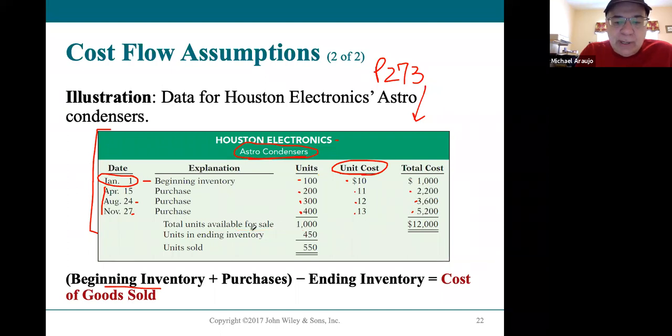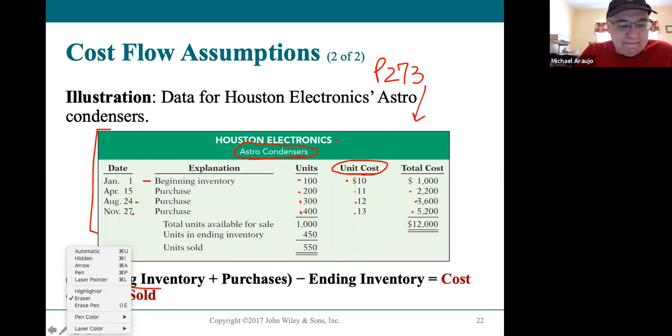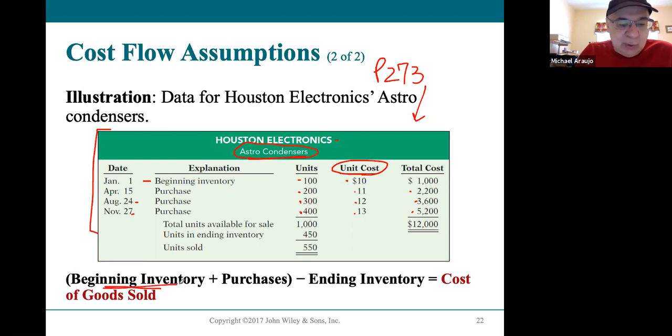All right, so I'm going to clean this up a little bit and go to the next thing. So what you should notice is when you take your beginning inventory and you add all your purchases, you are going to get the total units available for sale and the total amount of money you spent on those units. Then your book says, well, how much do you have left in ending inventory?